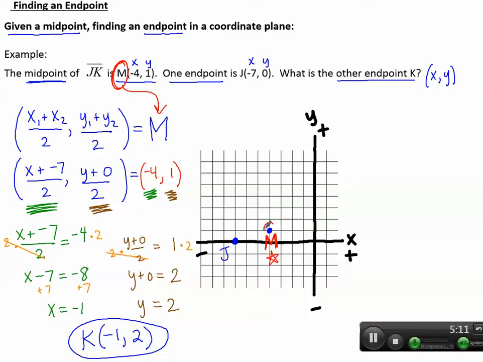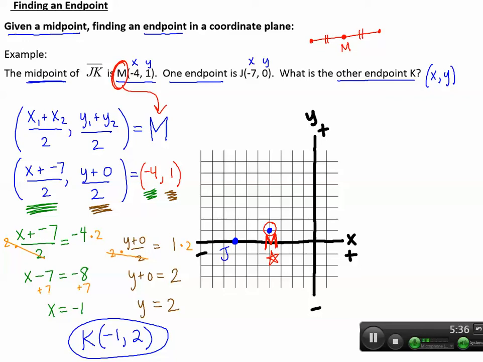Now I'm going to count towards the midpoint. Again, it's really important, remember, this is the midpoint. This is the middle of the segment. That means if this is one end, the other end has to be somewhere in this area. Because remember, midpoint of a segment, that's the middle. On either side are two congruent segments.